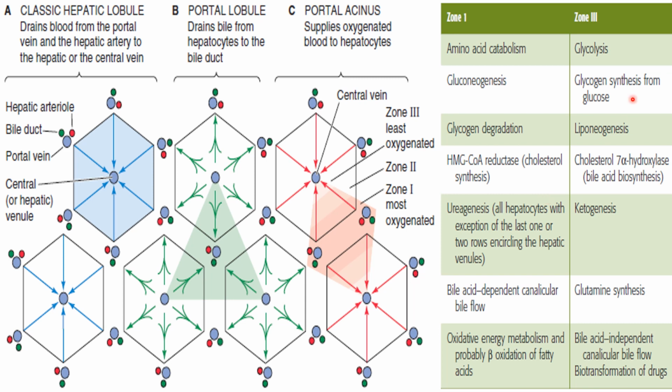In zone 3, glycolysis, glycogen synthesis from glucose, lipogenesis, bile acid synthesis, formation of ketones, glutamine synthesis, and bile acid independent canalicular bile flow happen. So all the functions of the liver are area dependent, and there are different cells which perform different functions of the liver.